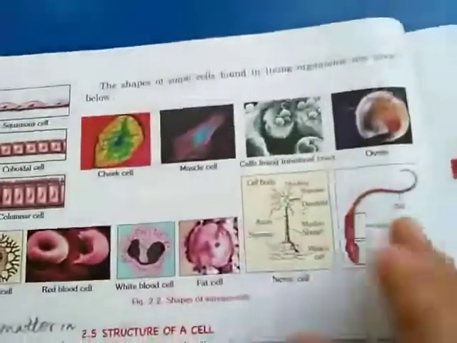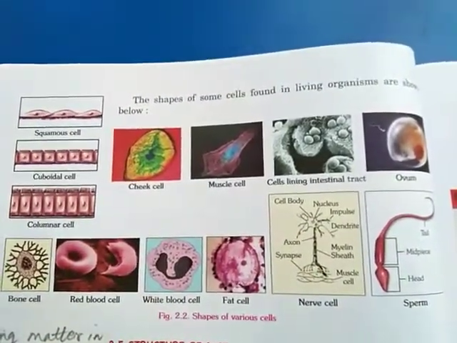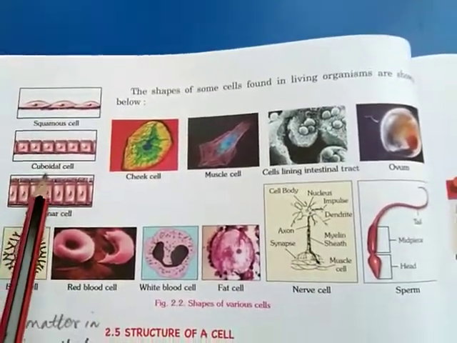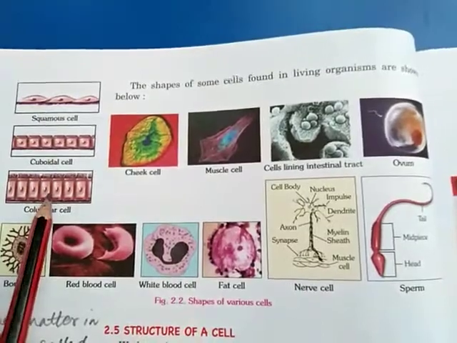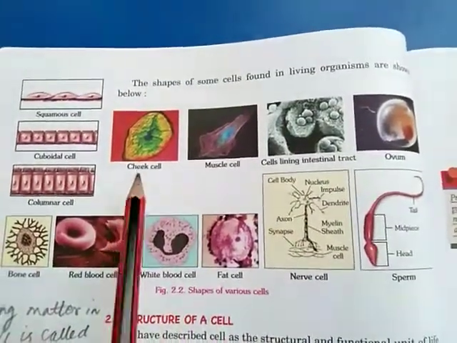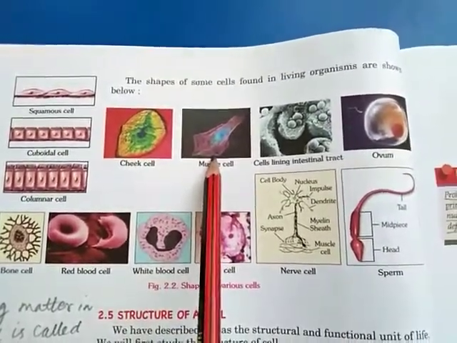Now students, here you can see the shapes of various cells. This is squamous cells, this is cuboidal, and these are columnar. Cheek cells, which are present in our cheek, these are the shapes of muscle cells.